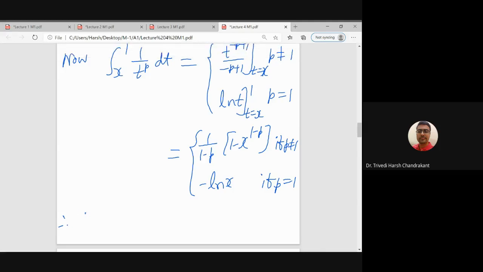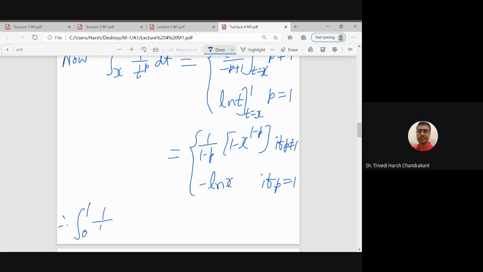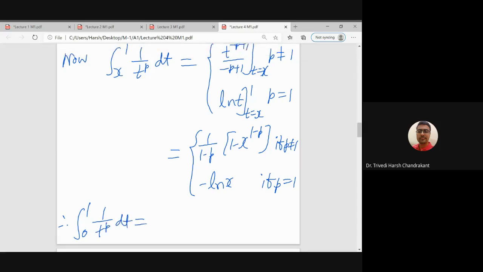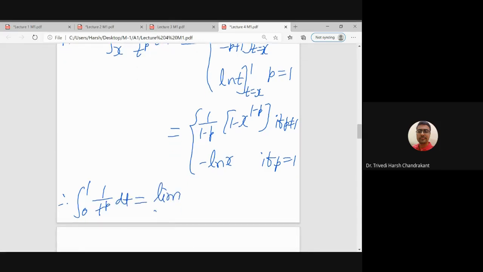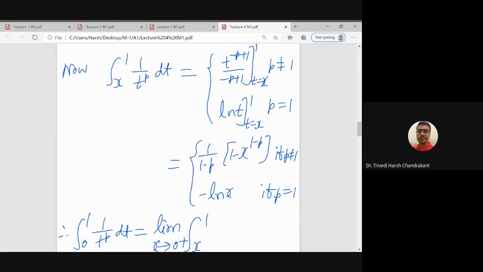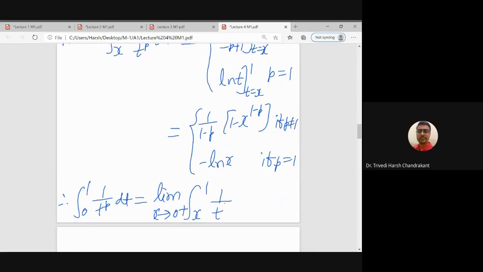Finally we'll apply the definition of the improper integral. So this is the limit x tends to 0 plus, since a is 0 here, of the integral from x to 1 of 1 upon t power p dt.